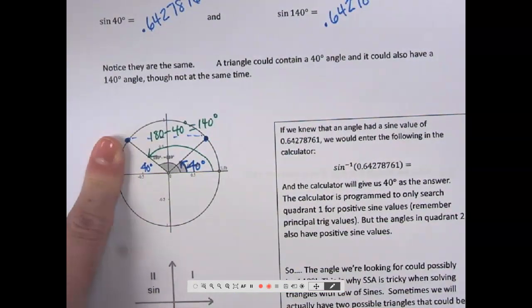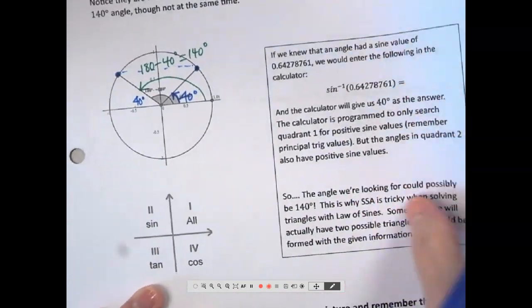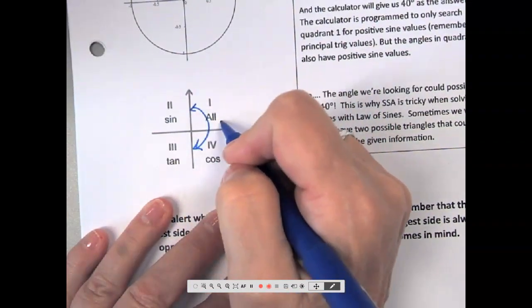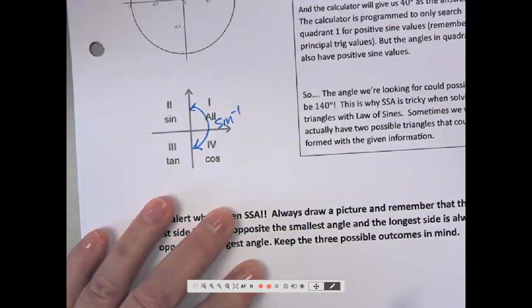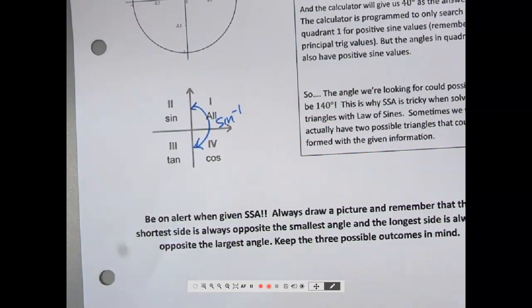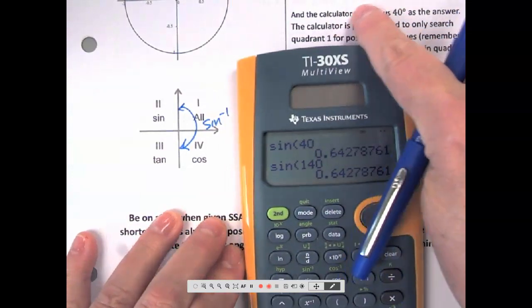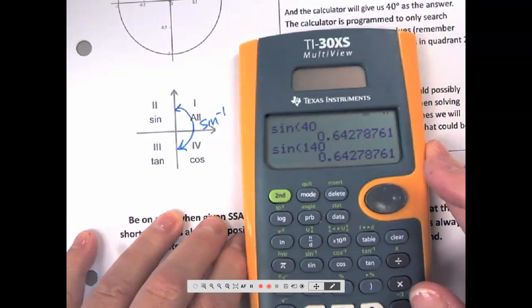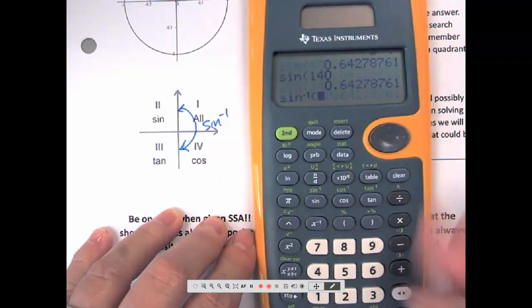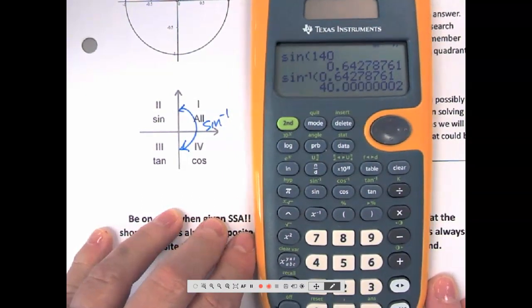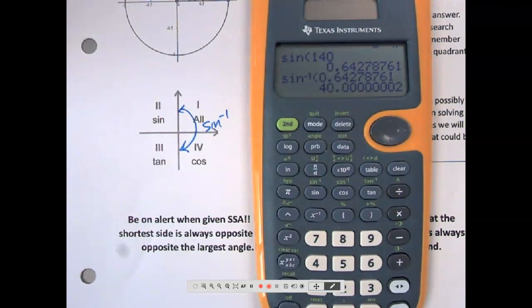Okay, now, do you remember when we do sine inverse on our calculator, it will only check those two quadrants, right? Okay, so if I took my calculator and I did sine inverse of that decimal, then I get pretty much 40 degrees.